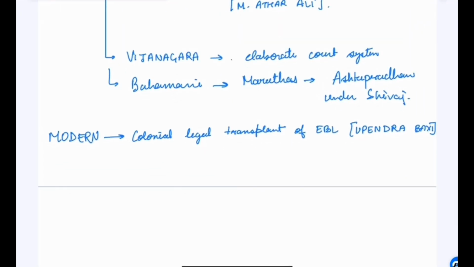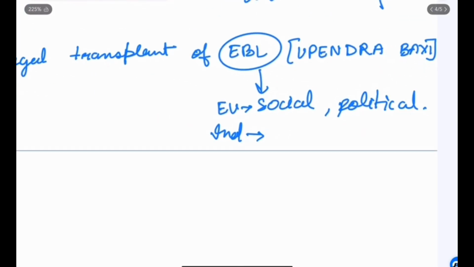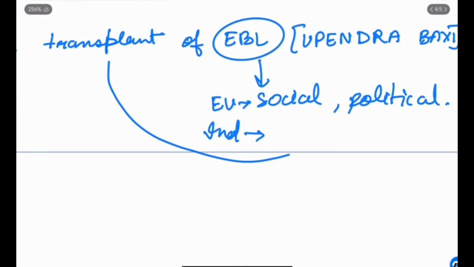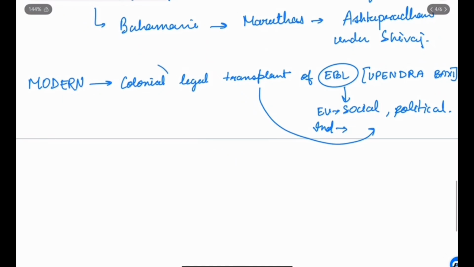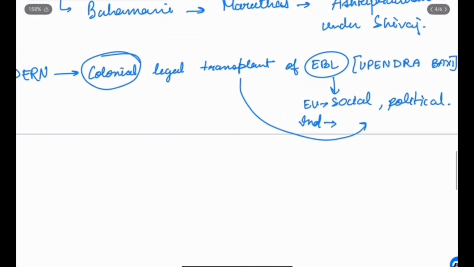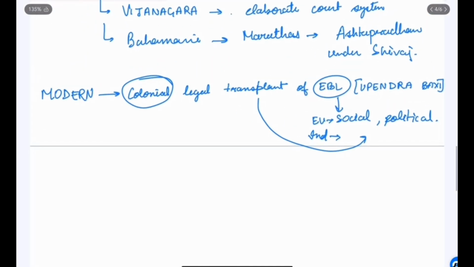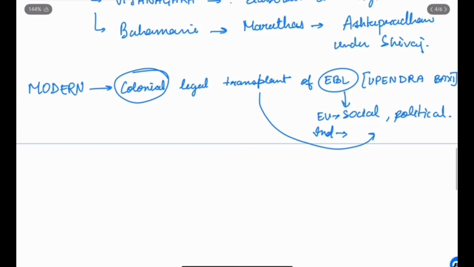This simply means that in Europe, in Britain, equality before law as a concept developed because of the social and political circumstances. However, in India, it was simply transplanted by our colonial masters.